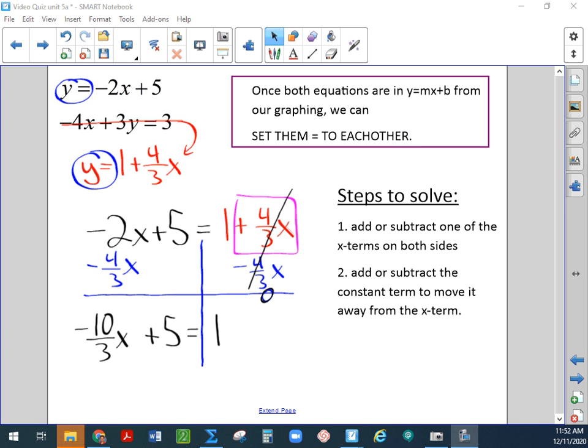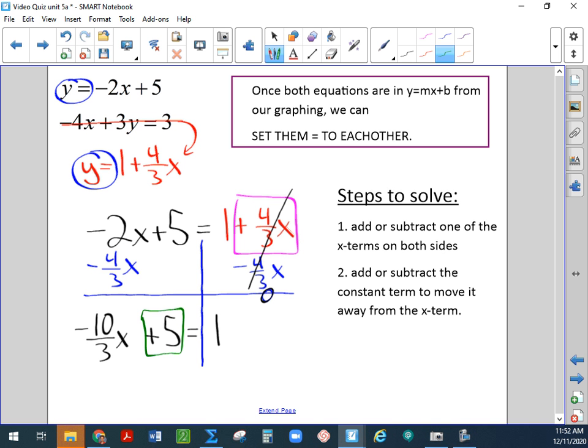The second step is to add or subtract the constant term to move it away from the x term. A constant is a number that does not have a variable with it, for example this plus 5. Now 1 is also a constant, it doesn't have a variable with it, but the 1 is not by the x term. We're trying to move the numbers away from the x term.